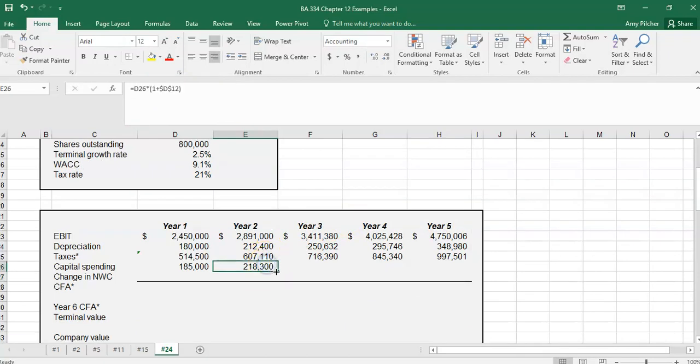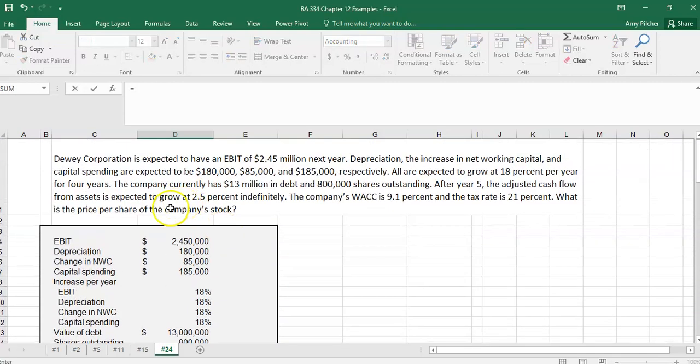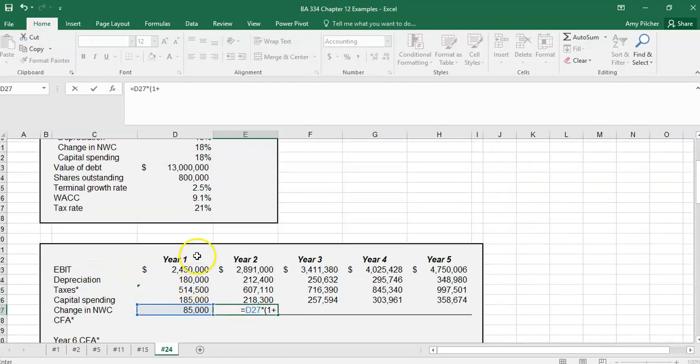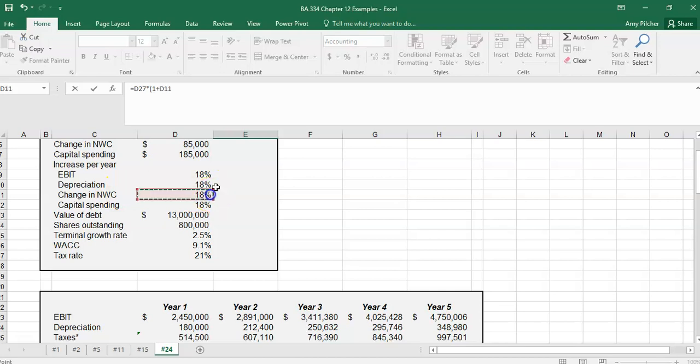We copy that formula over. And then last but not least, changes in net working capital. Year 1 is 85,000. We expect that to increase also by 18% every year.